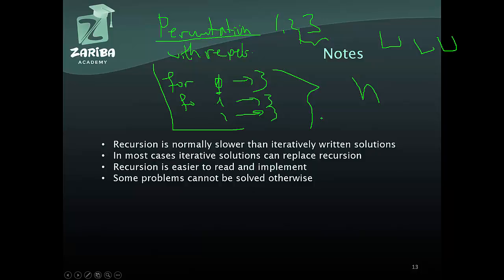This is not possible, and normally recursion is used when you have to have a non-fixed number of for loops. So if in one case you need 2, in another case you need 3, 4, 5, then normally recursion is the way.